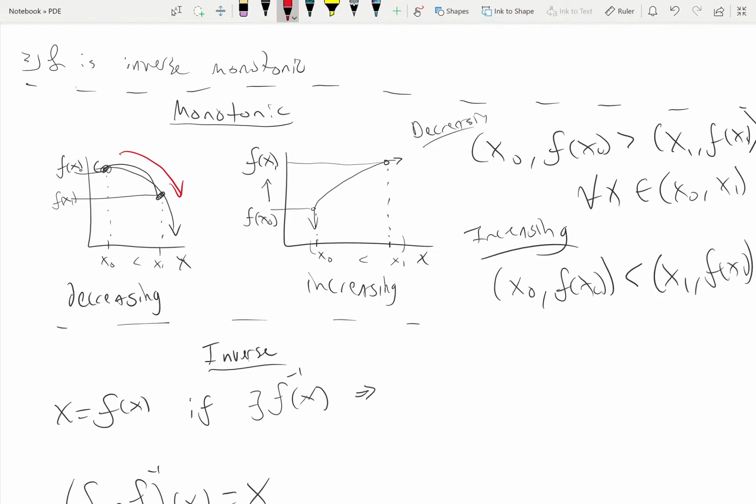So it's increasing. And this is going to be, once again, for all x that exist between x0 and x1.